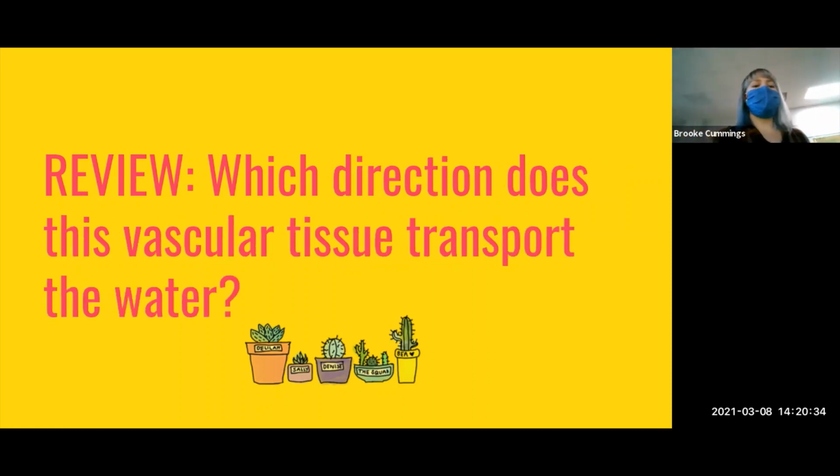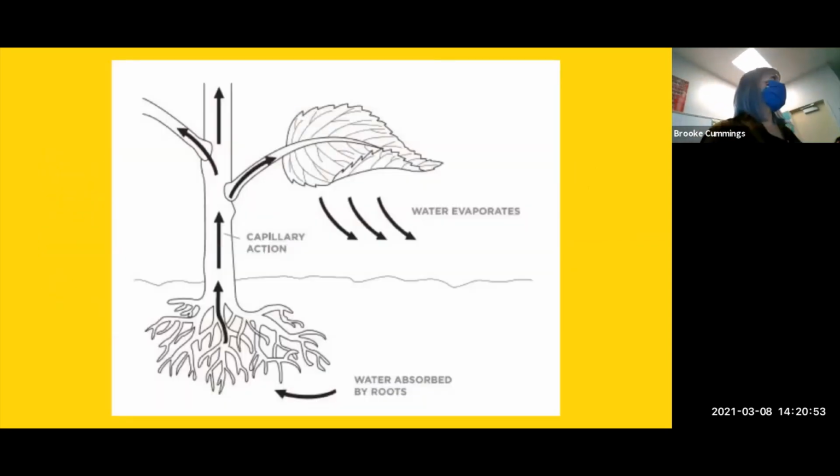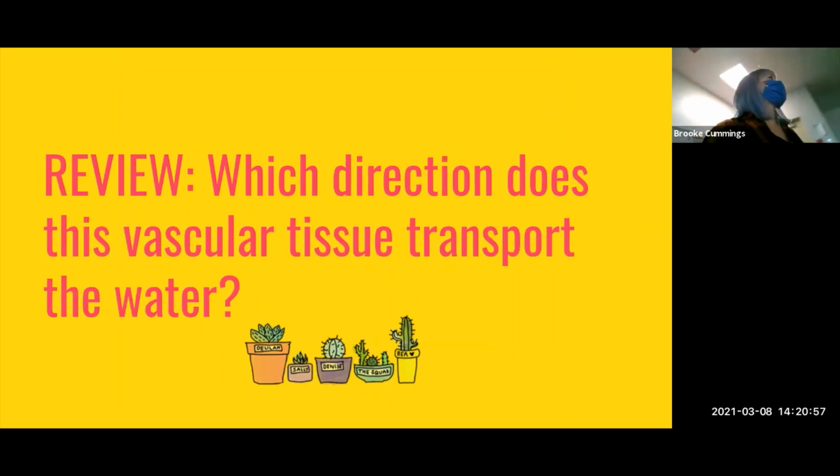Next one, raise your hand if you know, which direction does this vascular tissue transport the water? How many directions are there on a plant? Look at this picture. So which direction does the vascular tissue transport the water?